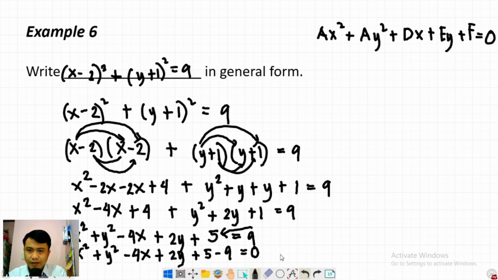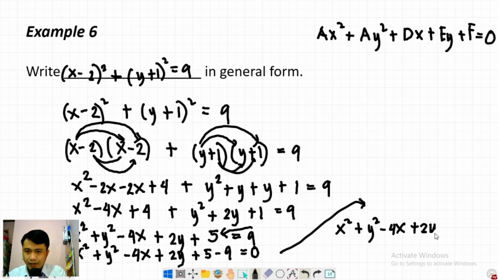Okay, so ibig sabihin, our final answer would be x² + y² - 4x + 2y + 5 - 9. Copy, change. So nag-add tayo ng magkaibang sign. I-minus natin. And copy the sign of the bigger. So 9 minus 5, that is 4. Sorry. 9 minus 5 is 4, pero mas malaki yung negative.